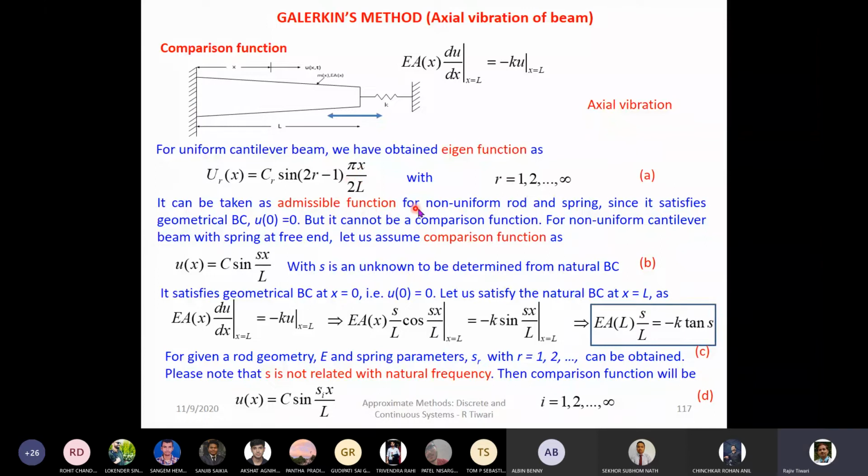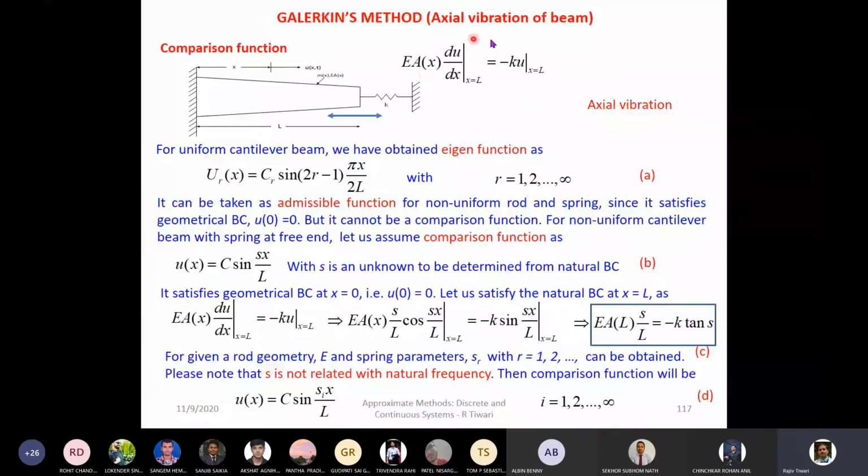So this satisfies our requirement, that the geometrical boundary condition u is 0 at x equal to 0. But if you want to use, let us say, the Galerkin method, in which we need the comparison function, then this cannot be used, because it will not satisfy this boundary condition.